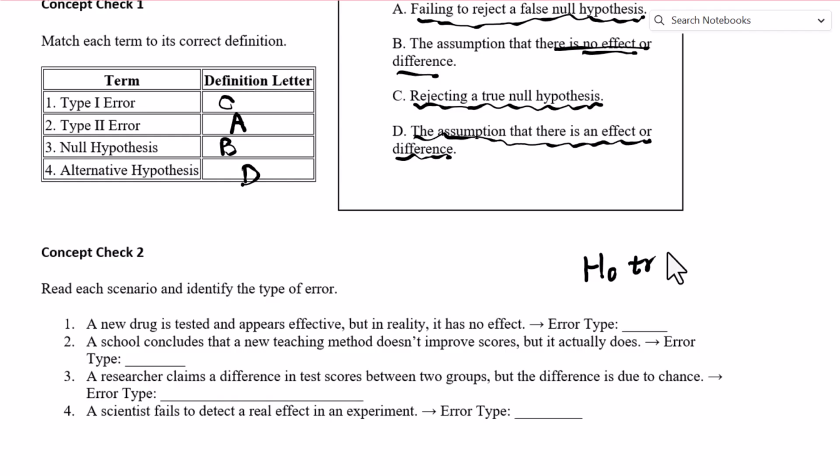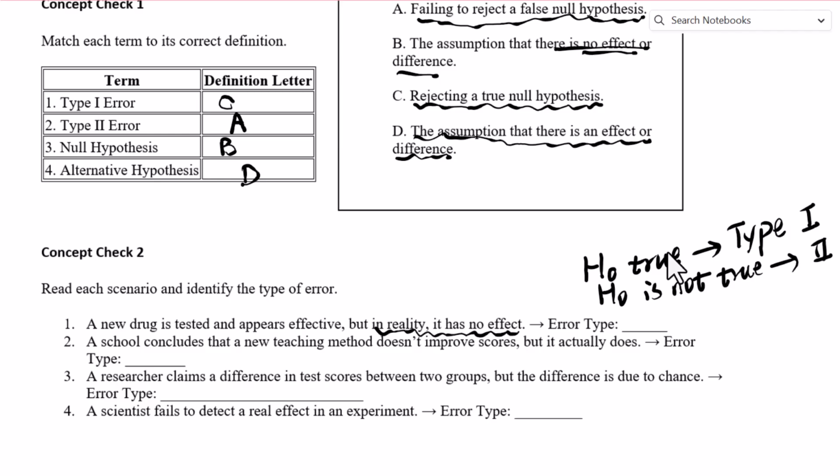If H0 is true, then it goes type 1 error. If H0 is not true, it goes type 2 error. In reality, it has no effect means H0 is true. So type 1 error.